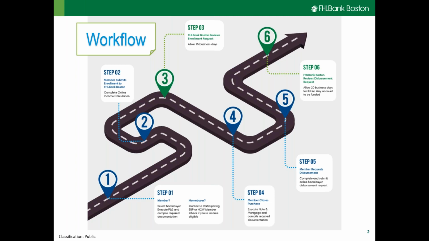So we're really going to be focusing on steps 4 through 6, where once you've received an approved enrollment, your institution is going to close on the grant. You're going to table fund it. You're going to execute our documents, which we're going to go into detail on today, and then you're going to request the reimbursement of the grant in the community lending platform.